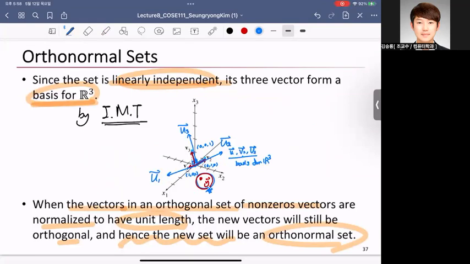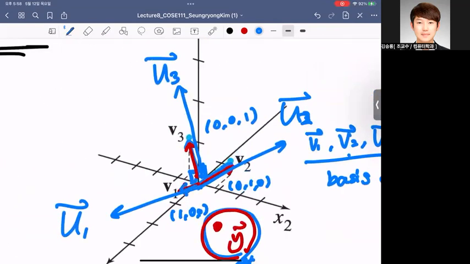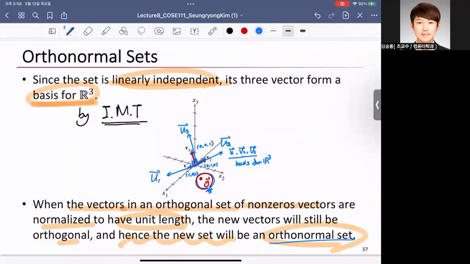But if we normalize U1, U2, and U3 to V1, V2, and V3, then the length of each V is 1. Then it is going to be an orthonormal set.